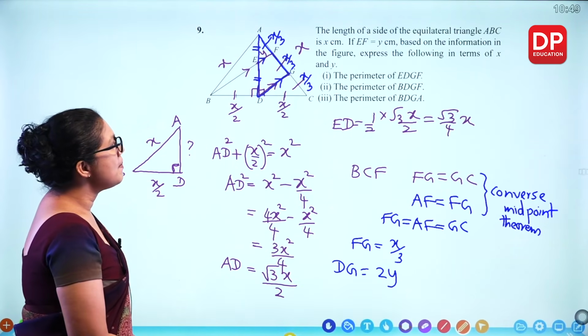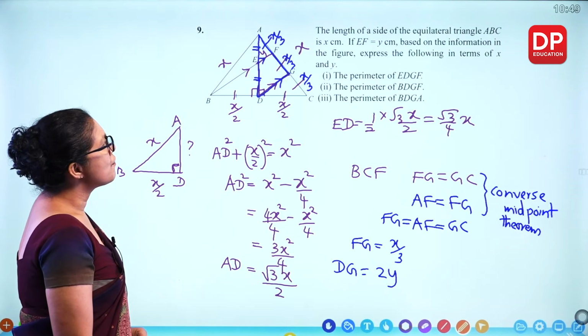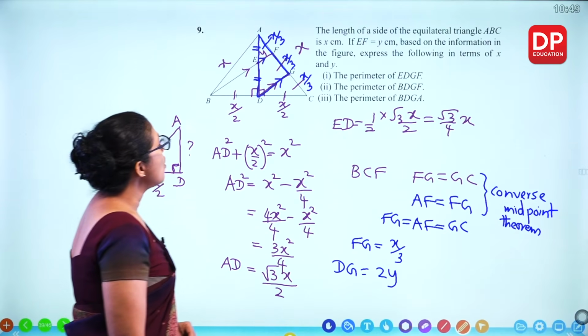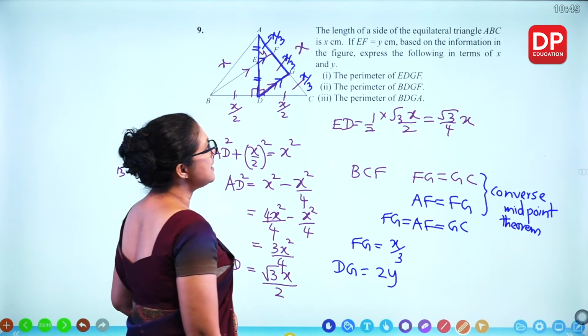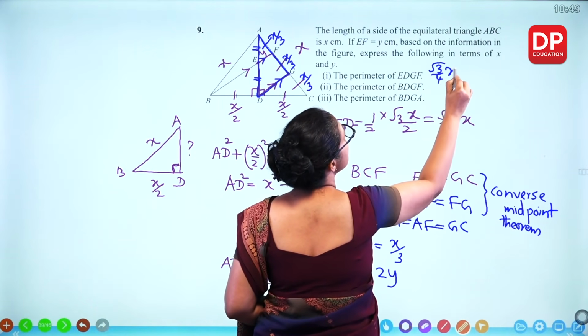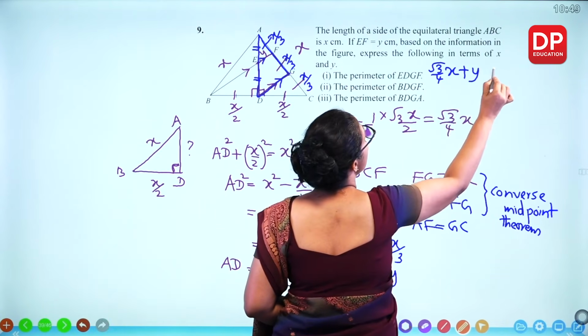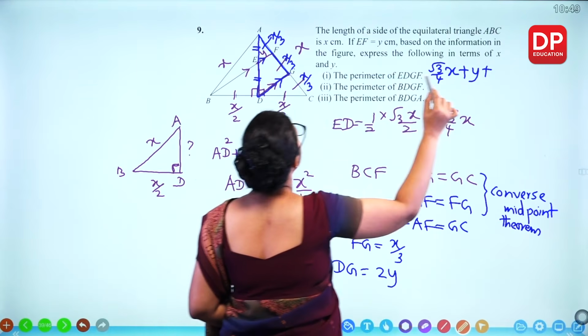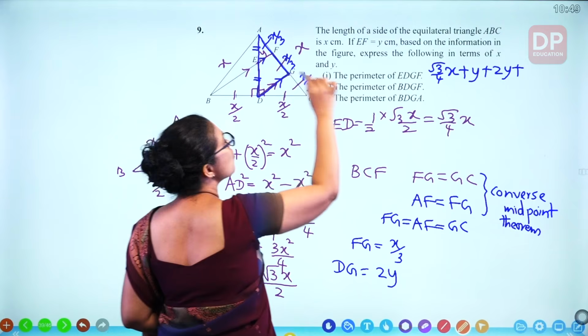So, what is the perimeter of EDGF? Add all together. So we have ED, that's root 3 over 4 x, plus y, plus another 2y, plus x over 3.